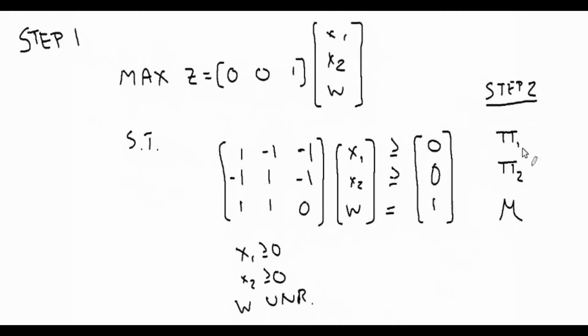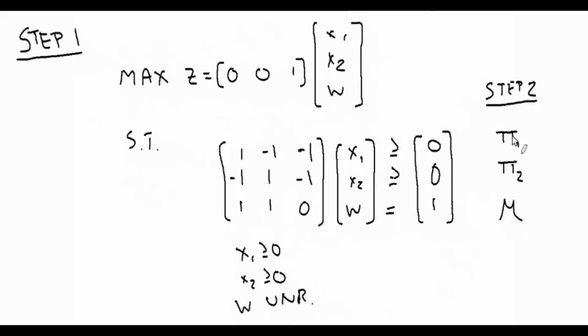I could have done this pi 1, pi 2, pi 3. I chose pi 1, pi 2, and mu because I'm thinking ahead to the end of this problem and how I want to write it in a way that will make it look similar to something that we'll want to see somewhere else in our study guide. So that's how I chose the dual variables.